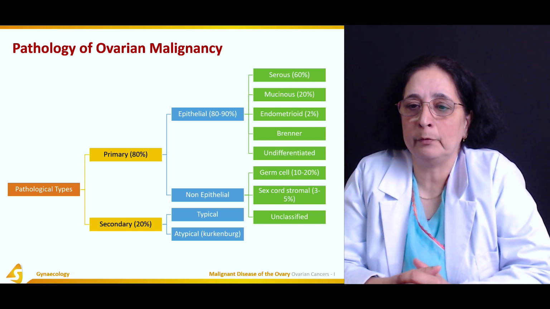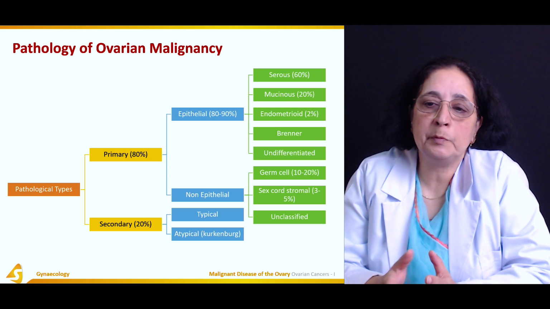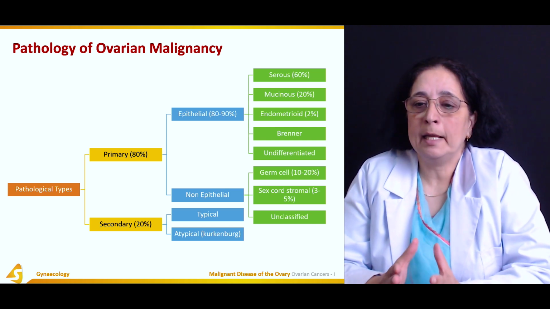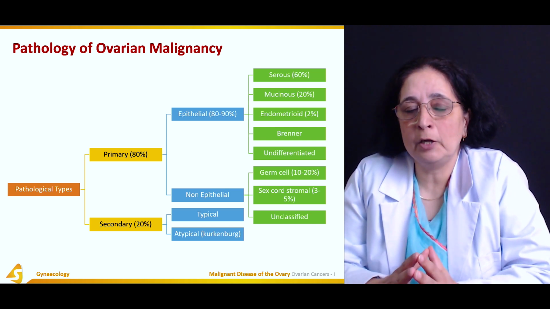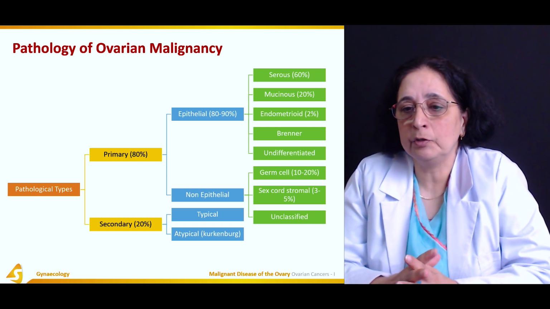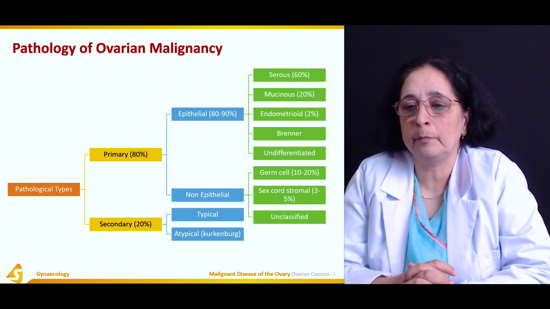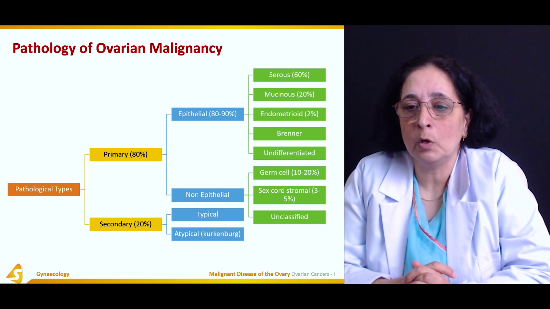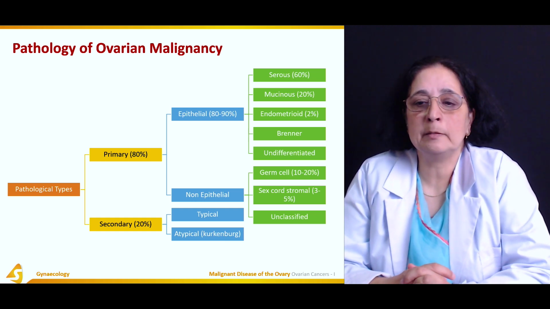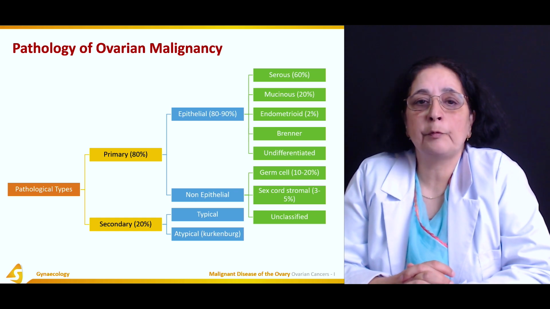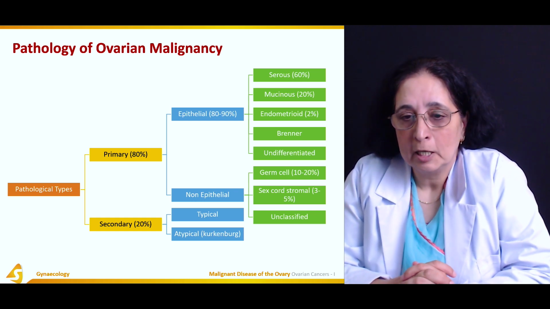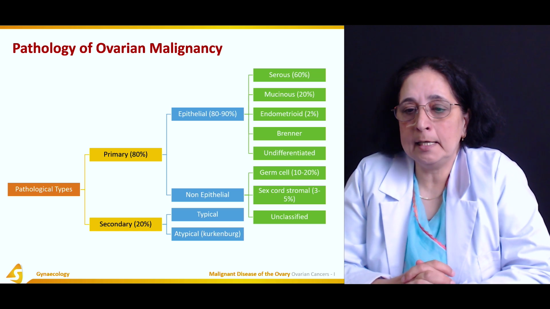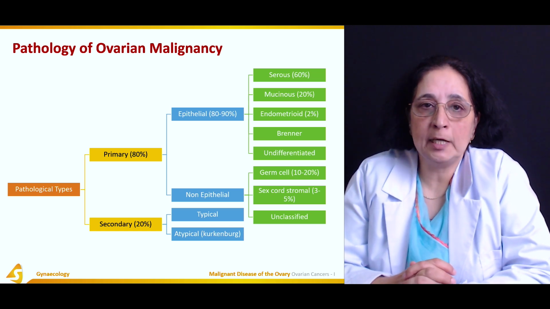Serous means clear fluid. Then we have 20% mucinous, and then endometrioid, where the endometrium, the lining of the uterus, is involved. Brenner and undifferentiated have no differentiation of the cells. Non-epithelial is again divided into three types.